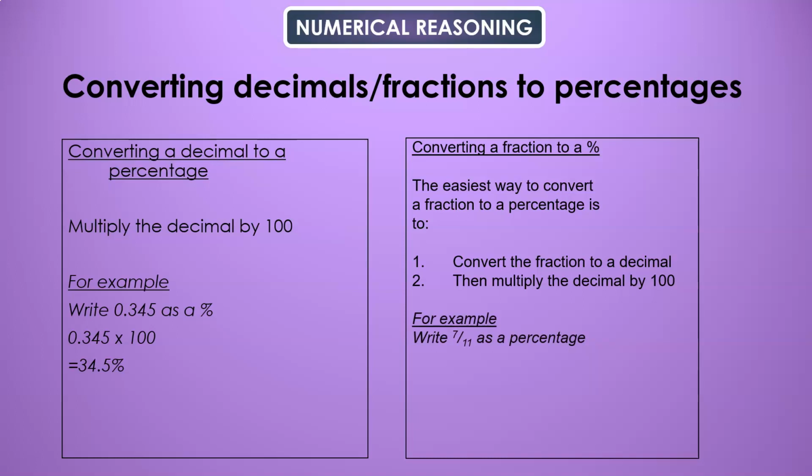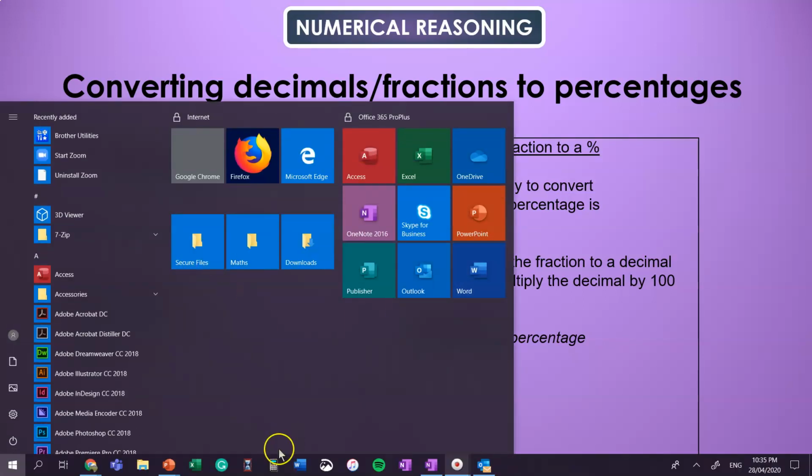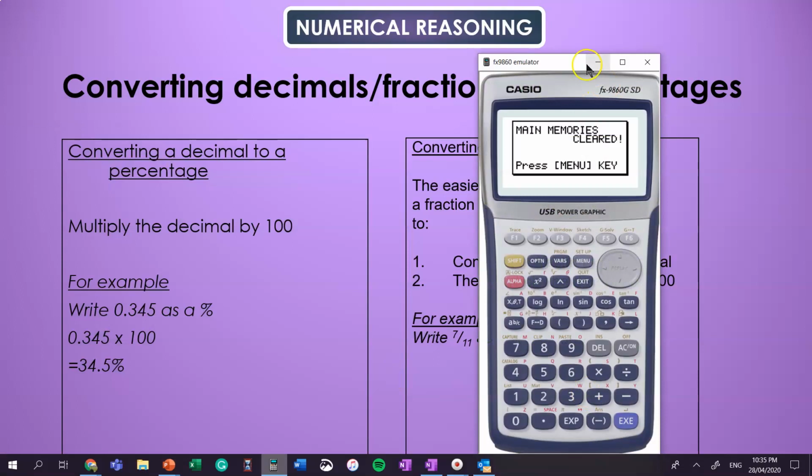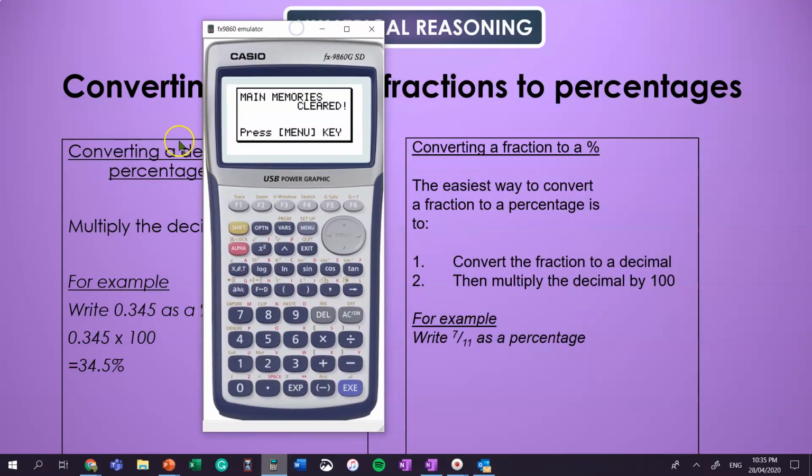So we need to write 7 out of 11 as a percentage. So I'm going to use the emulator. Remember, this is using the ABC button rather than anything else. So we can go to menu, run, and I want to go 7 ABC 11, and then that gives us our decimal, but I can leave it as 7 out of 11, and then I just times that by 100.